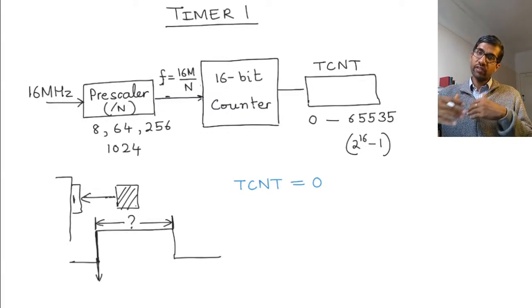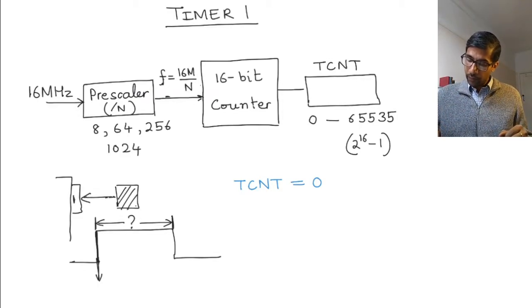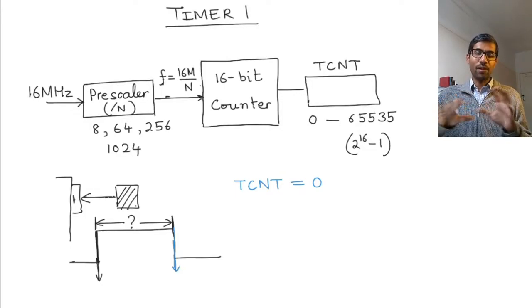It just starts counting and it keeps counting till I reach the end of 1. Now, don't worry about how we will manage this interface between the timer and this input. We'll look at that later. But just focus on the timer now.